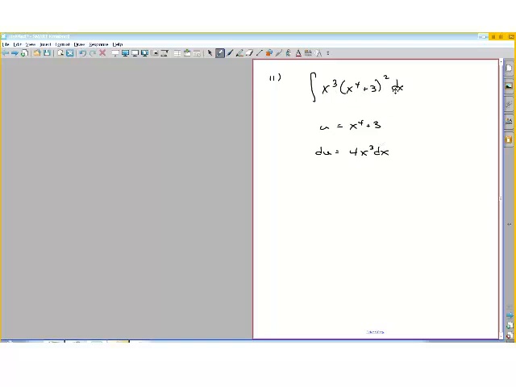And then we look at the original equation and ask, outside of the parentheses, do we have 4x cubed dx? Well, we don't exactly. If the only difference is a constant, then we're in good shape, because we can divide by that constant outside, and multiply by that constant inside.